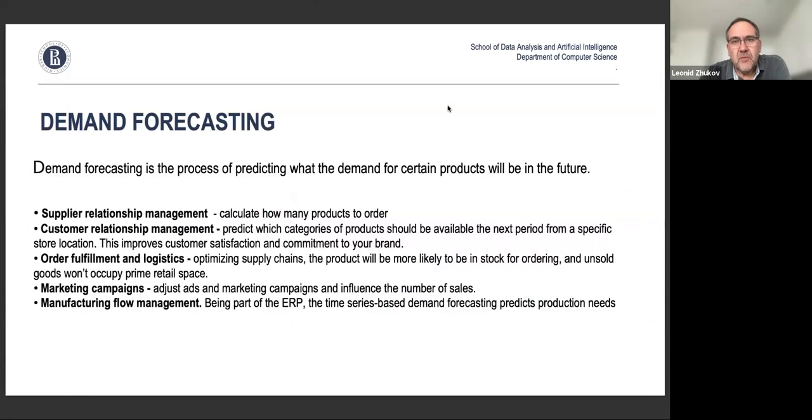Demand forecasting is the process of predicting what demand will be for certain products in the future. Now, demand forecast and sales forecast are actually slightly different things. In fact, the sales history does not always reflect the demand, because you might end up with an empty stock, and the demand will be there, but there were no items, so the sales do not actually reflect the demand.